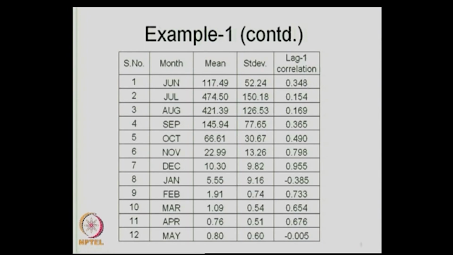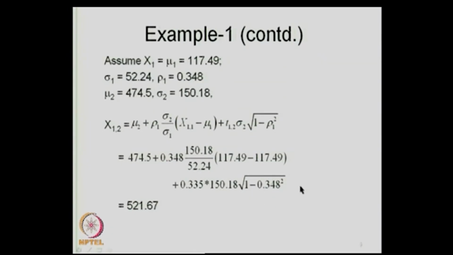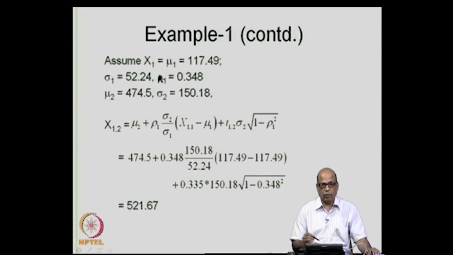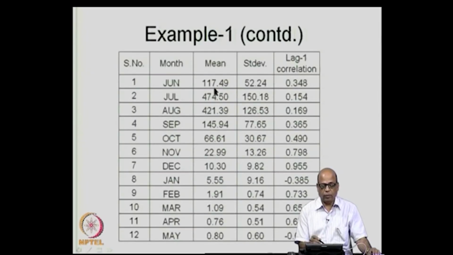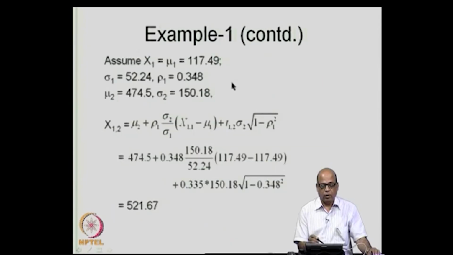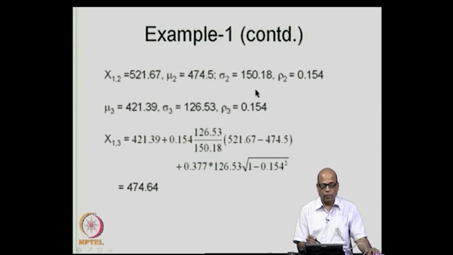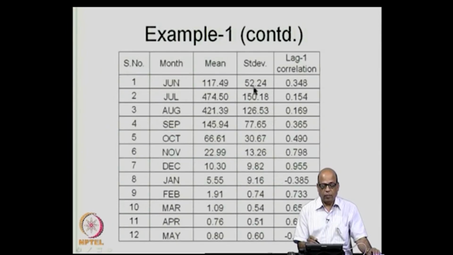Once we are ready with this, we start generating the data. We assume the first value, let us say x 1, is the same as the mean of the first month, which is 117.49, and sigma 1 is 52.24.